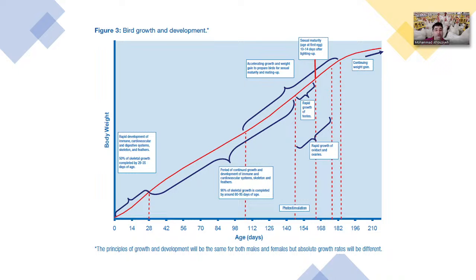So it is good for the starter phase, because in the starter phase, as we talked about, the digestive system is developing, and that's why the bird is not able to digest fat completely, and we need to help the bird. How? By introducing lipase, which will digest the fat, and emulsifier.